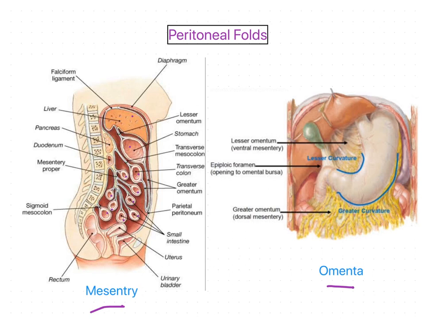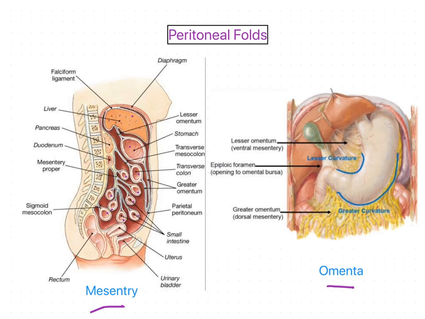Now mesentery is one kind of peritoneal fold. The name itself, meso, means fold, and enteron means small intestine. So the fold suspending the small intestine, or enteron, is called the mesentery.